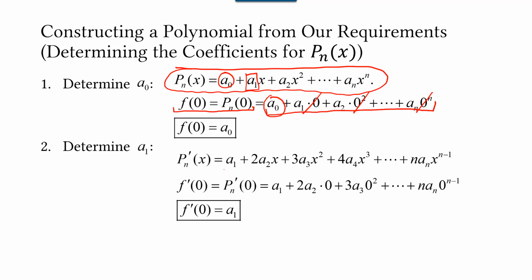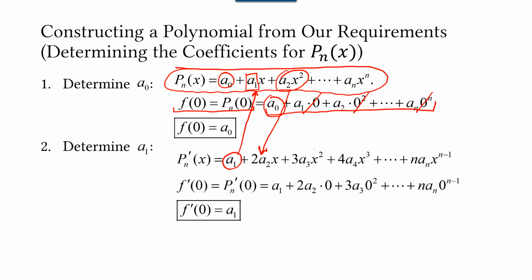First step is to calculate the derivative of our polynomial. So the derivative of the a naught term, that's a constant, would just be 0. This a1 comes from the derivative of the a1x term. And then the derivative of a2x squared, we would bring the 2 down and get 2a2x.